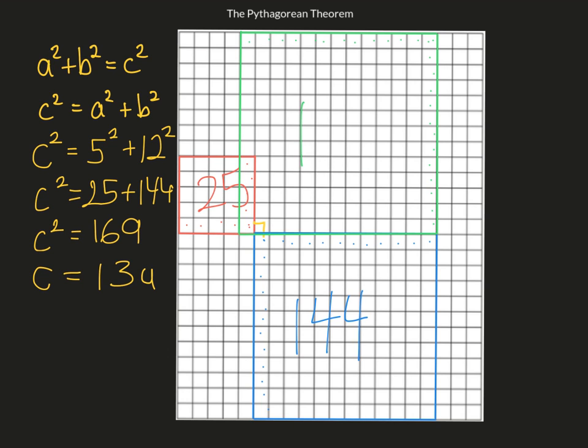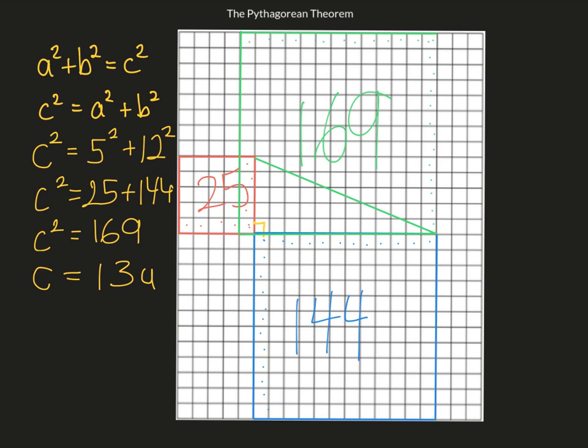And of course, that gives us 169. And so it is 13 units long. That hypotenuse is 13 units long. So this illustrates that the Pythagorean theorem works. Move that back down there so we can see our right triangle.